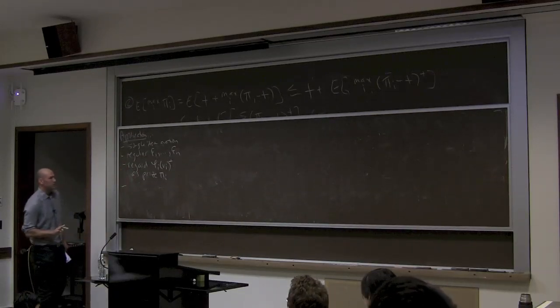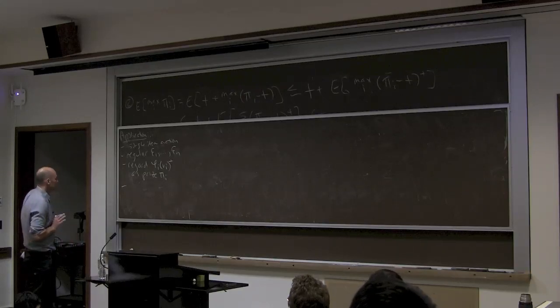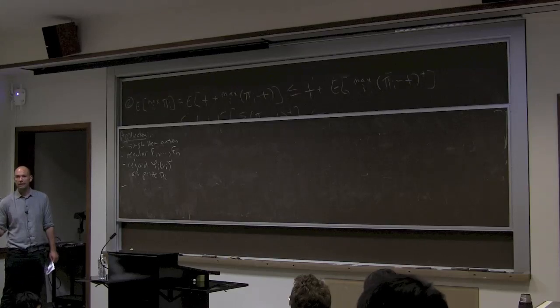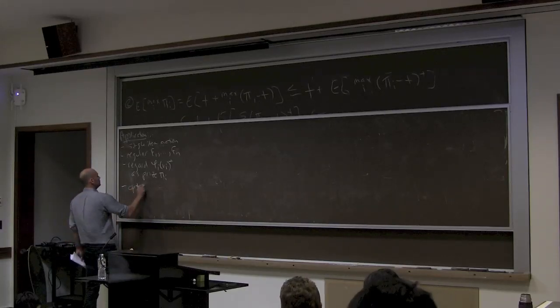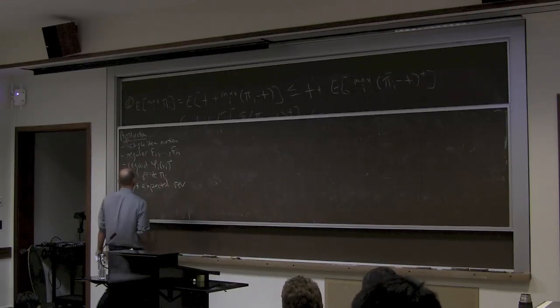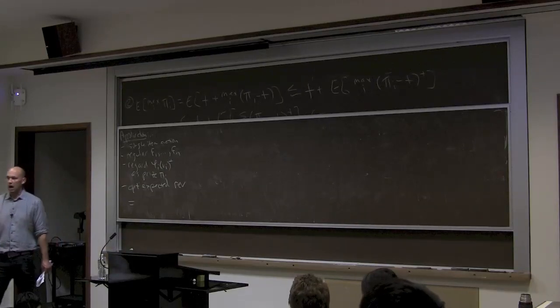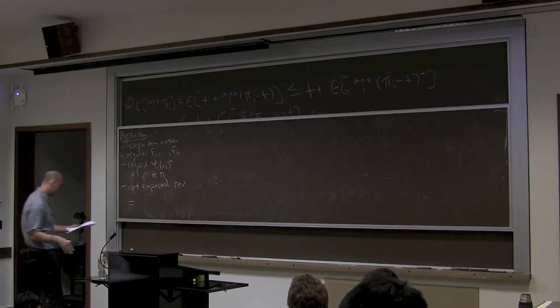Now here's where the connection starts to become more clear. Let's think about the optimal revenue achievable in the single item auction. As we know, it's exactly the same as the maximum possible expected virtual surplus.